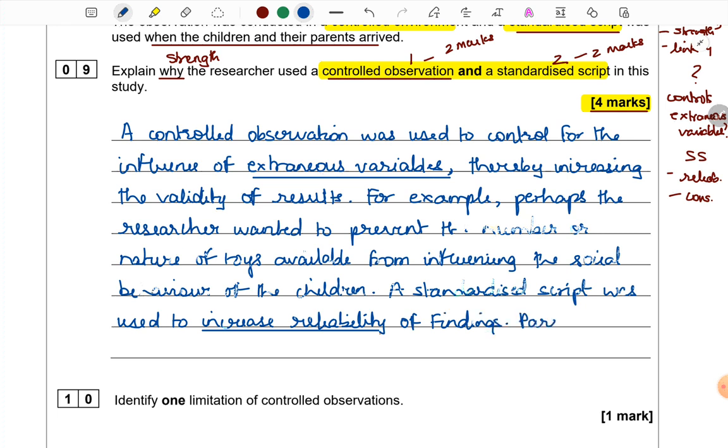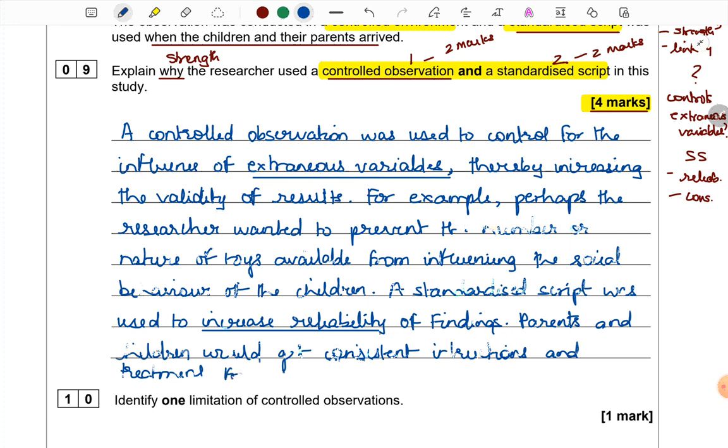Parents and children would get consistent instructions and treatment from the researcher with its help.